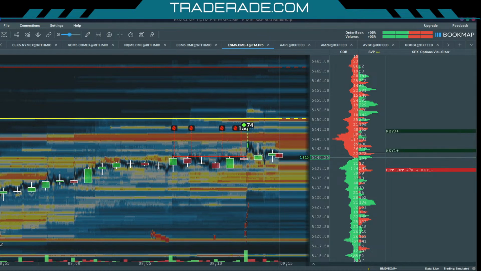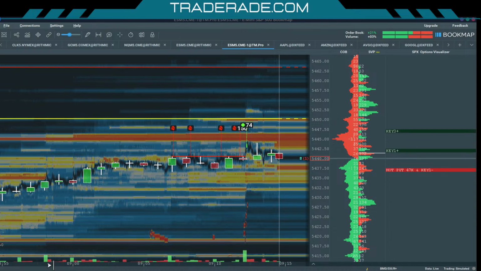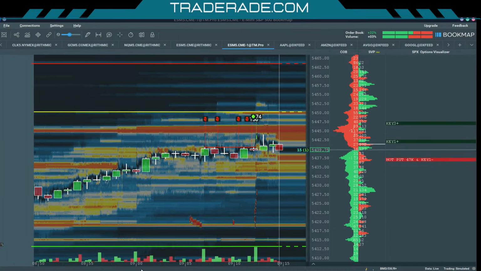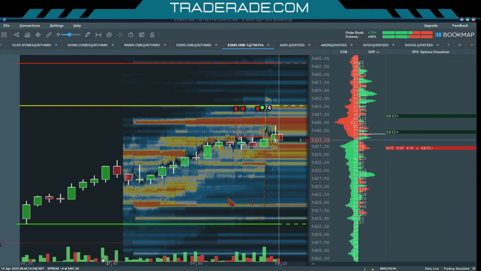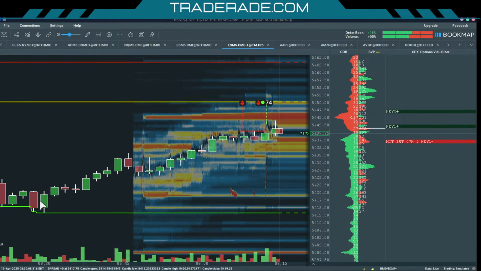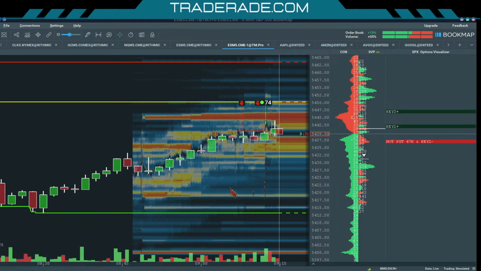We talked about that pivot on ES at 5415.25. And we'll zoom out just a little more, because we could see we had some interaction with that pivot earlier. So we can already tell that for this session, that's going to be a level to watch if we get more downside, to see how that holds up as support.